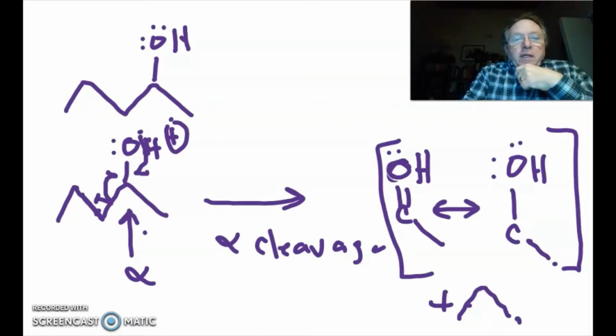That showed this bond breaking, but it's equally possible that this bond would break. So there will be two fragments that come from this alpha cleavage.